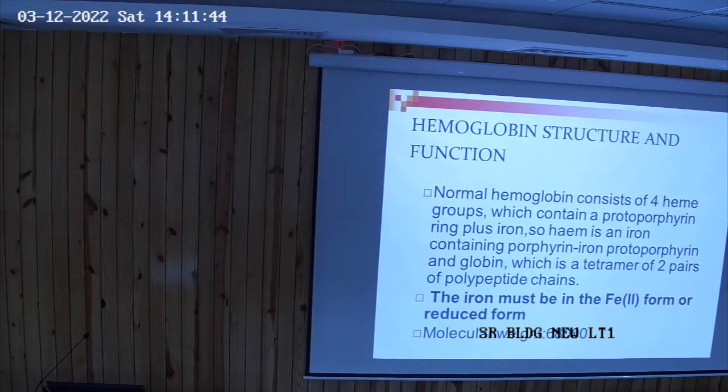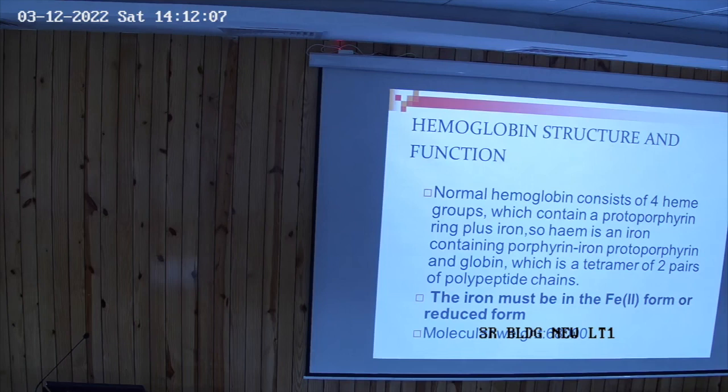Now, structure and function. What is the structure of hemoglobin and what are the functions of hemoglobin? It is a conjugated protein. When we divide the term, it is divided into a heme section and a globin section. Just try to understand, then write it down.